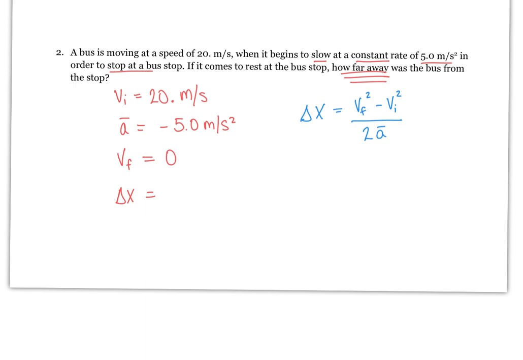All right? So now I'm just plugging in what I know. I know my final velocity was 0. I know my initial velocity was 20 meters per second, squared. Not per second, the whole thing squared, by the way. All over 2 times my acceleration, which was negative 5.0 meters per second squared.